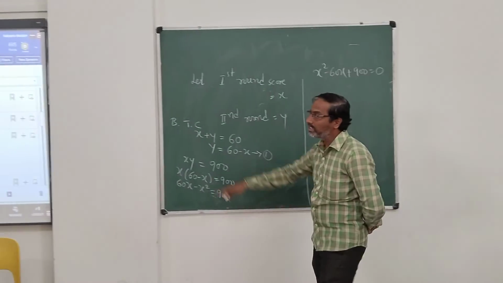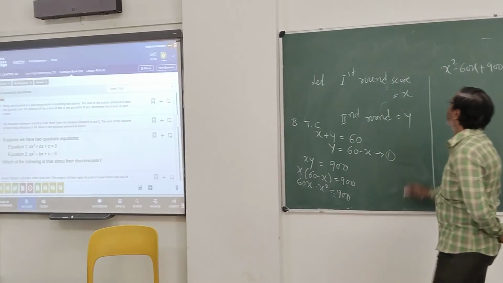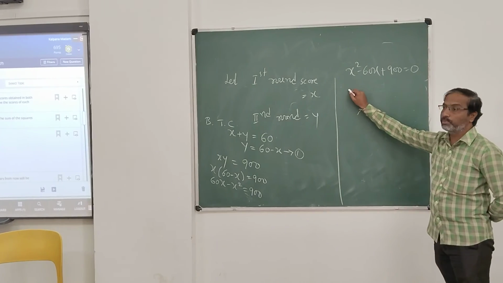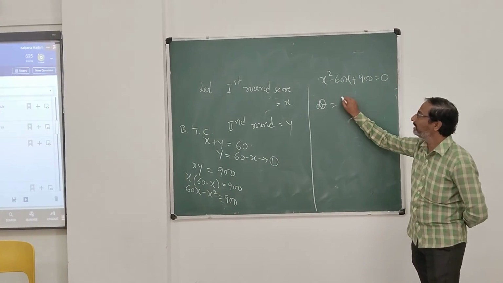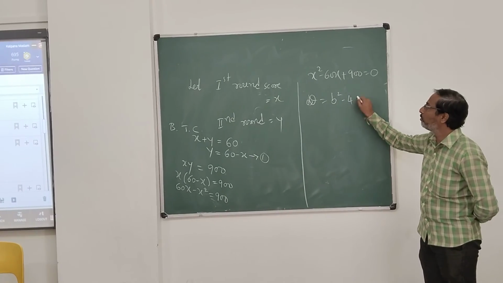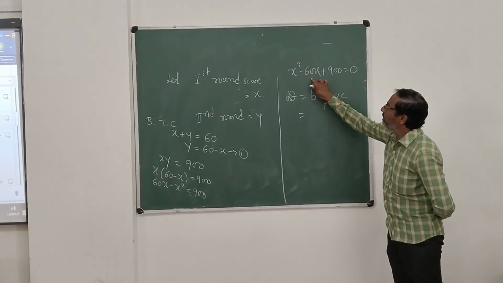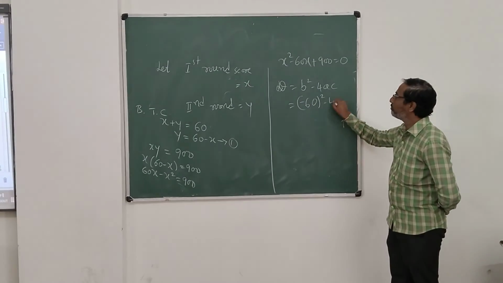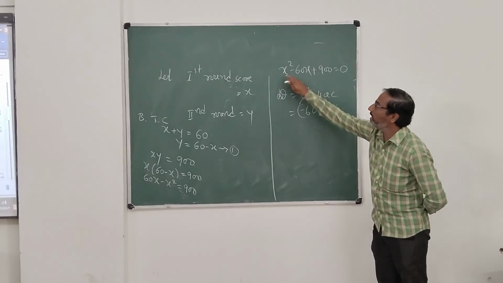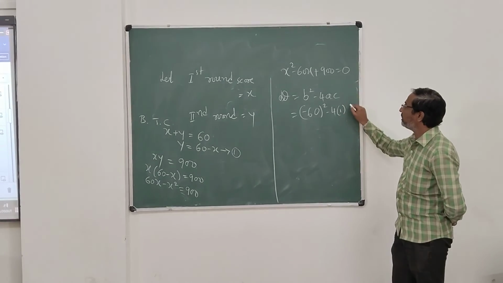So now the question is, is this situation possible? Let us check whether it is possible or not. For that we need to find the discriminant, that is b square minus 4ac. Here b is minus 60, so b square minus 4 into a, which is 1, and c is 900.